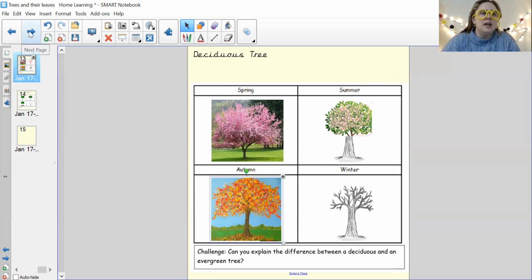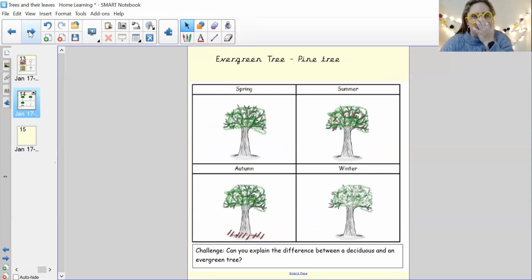Okay, my second example is for an evergreen tree. Now this one was a little bit trickier. So in the spring, evergreen trees, they just have their leaves on them, and this is a pine tree, so I've decided that in the spring the pine cones are starting to form, but they're only little, so you can't really see them, but the tree is green.